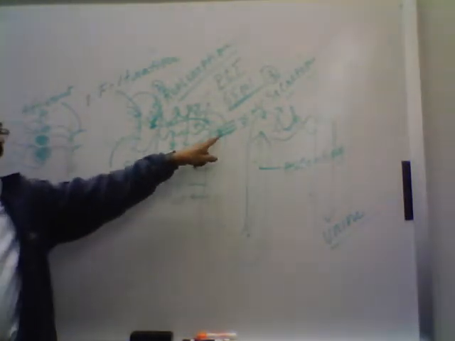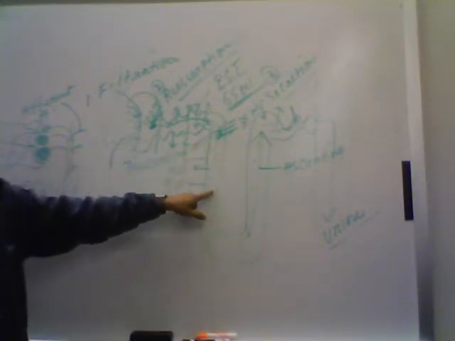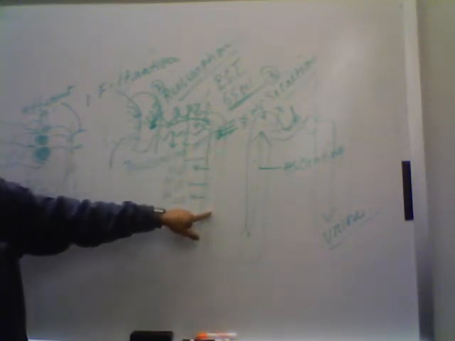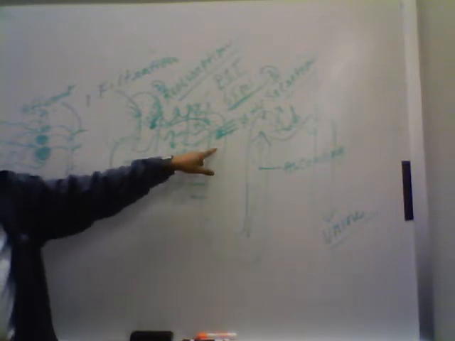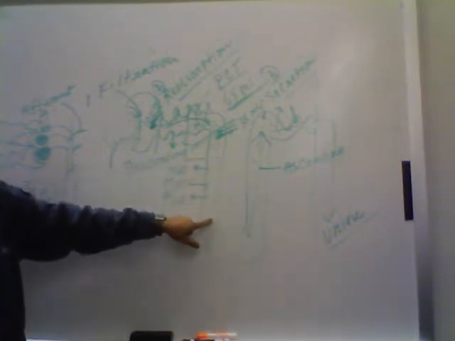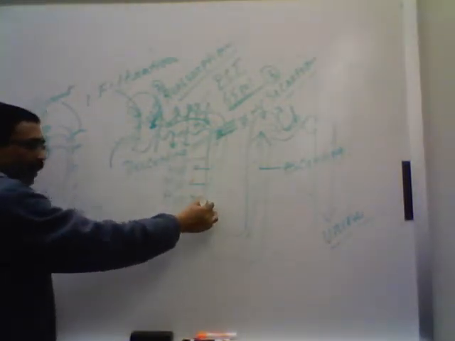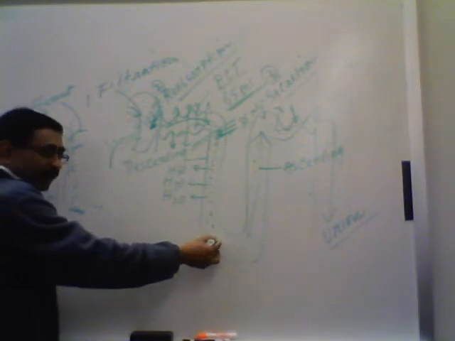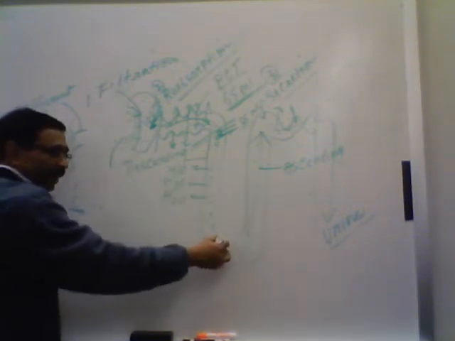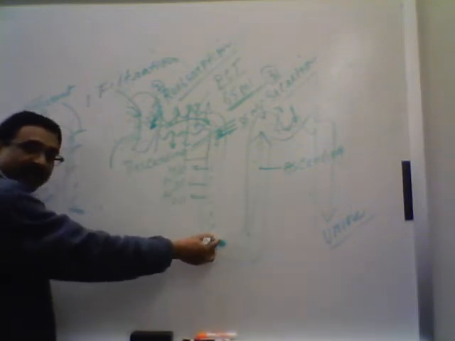Now you tell me, as the fluid goes down, water is leaving. Only water is leaving, right? So the concentration will go up or down? Up. Very good. So the concentration will move up, and when the fluid will reach here, the bottom of the loop of Henle, the concentration will be very high. Okay.